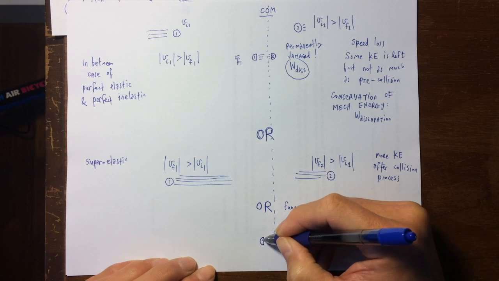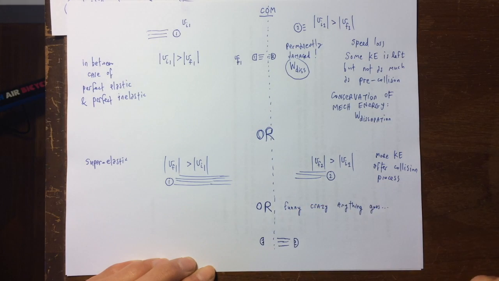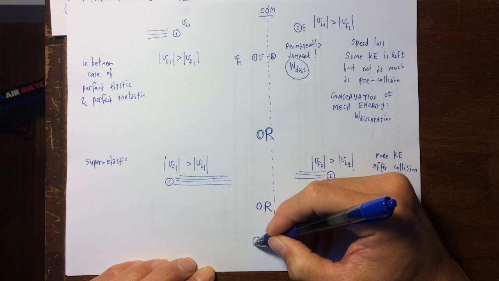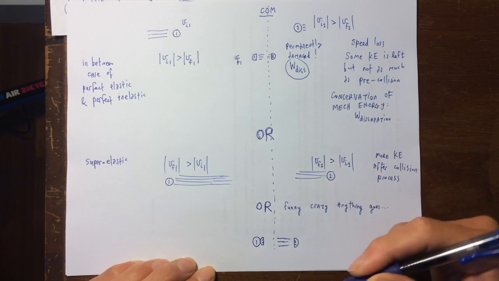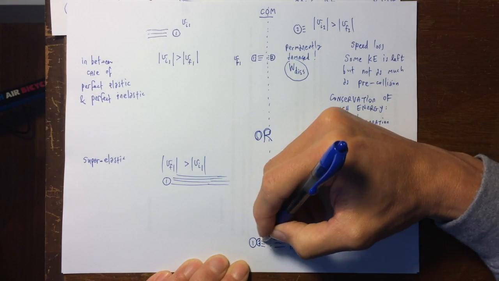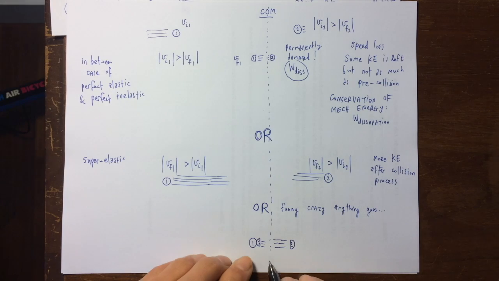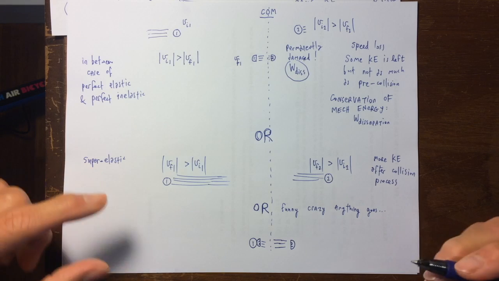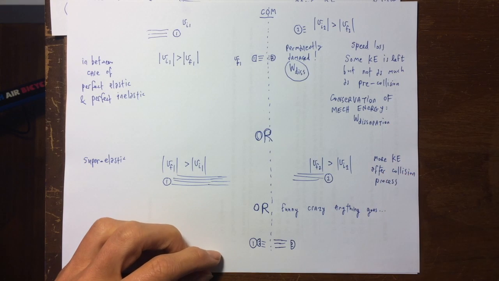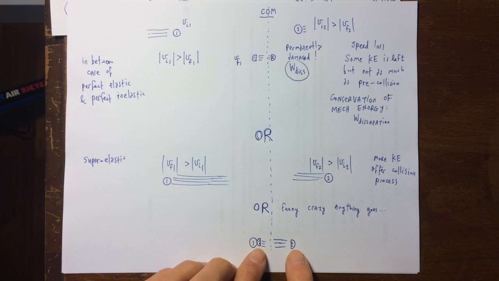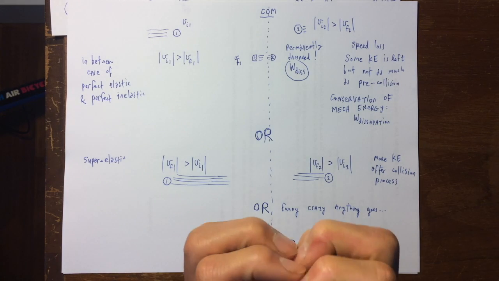This is the piece of two that goes that way, and it's actually stuck to number one, and it's headed away somewhat slower. And in this case, I'm not sure about kinetic energy. It could be anything.